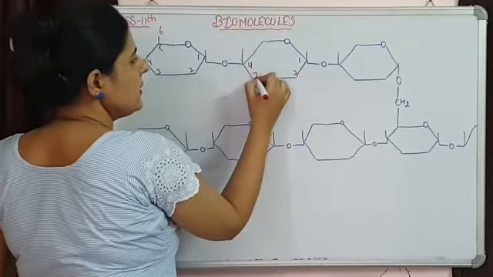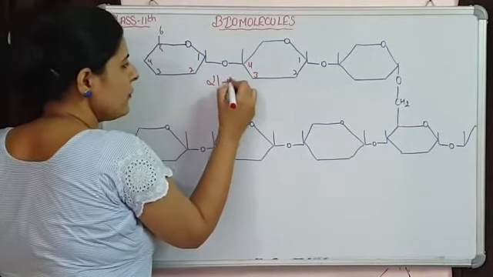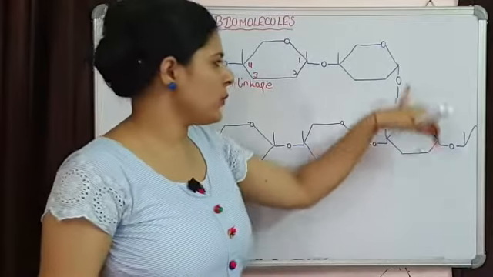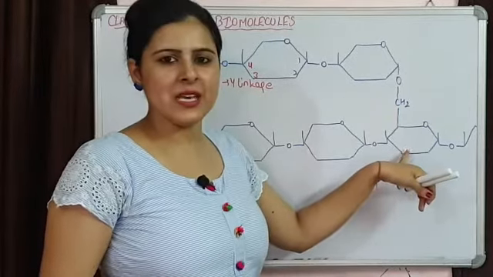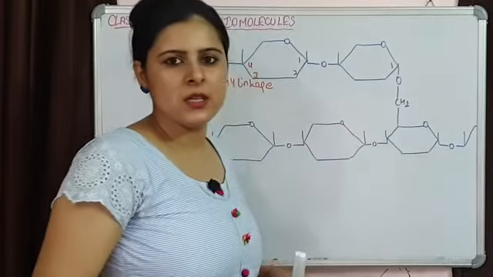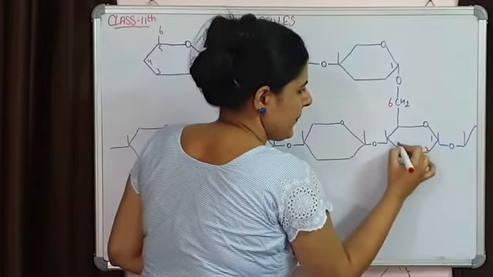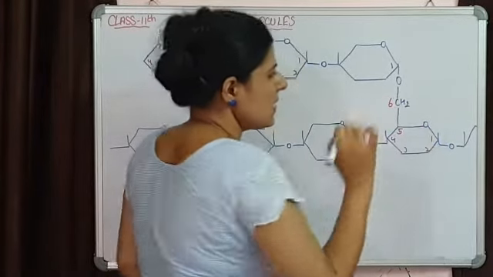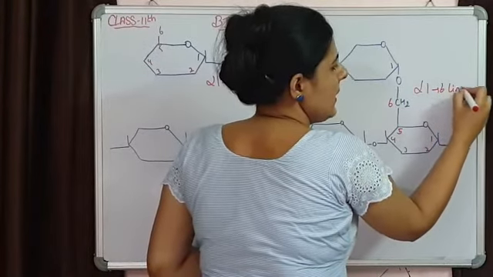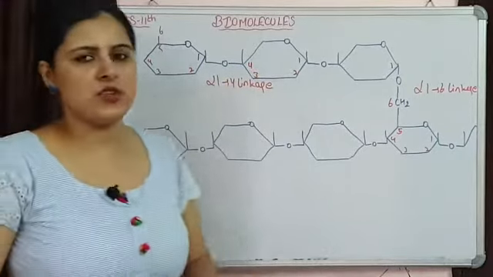Here the 4th carbon is involved and the 1st carbon is involved, so alpha 1,4 linkage is present. And where branching occurs, at that branching, this is a branch that is arising, so at the branching part the first carbon of this glucose unit and the 6th carbon are involved, 5th, and this is the 6th carbon. So here alpha 1,6 linkage is present. So this is how the structure of starch is.